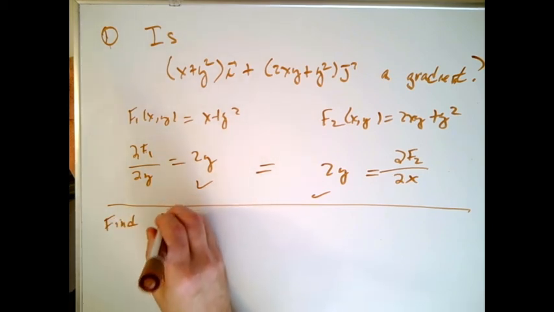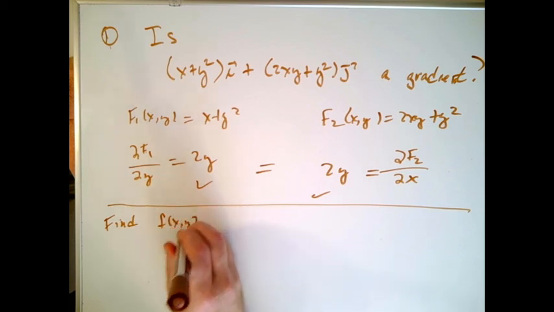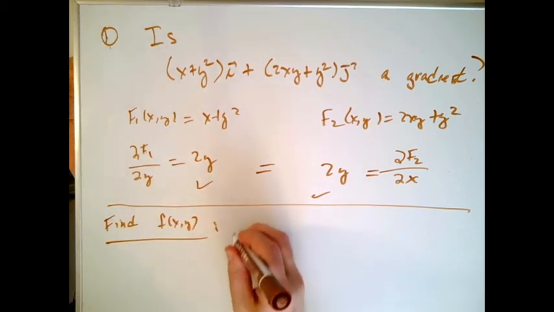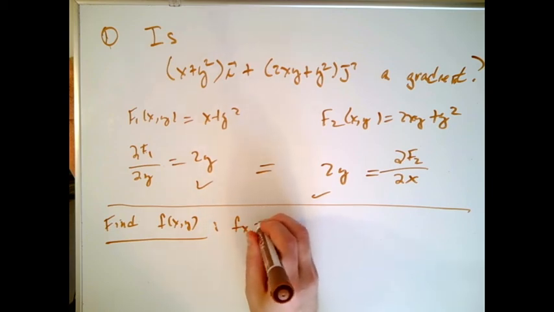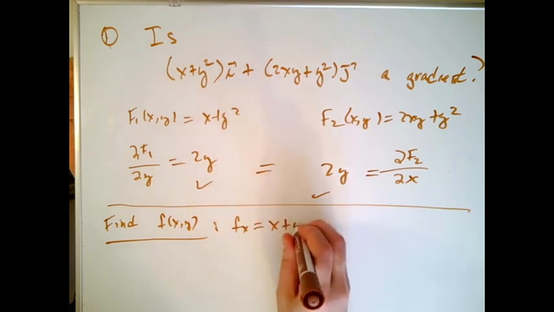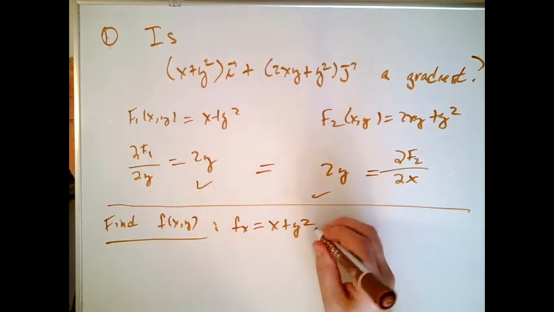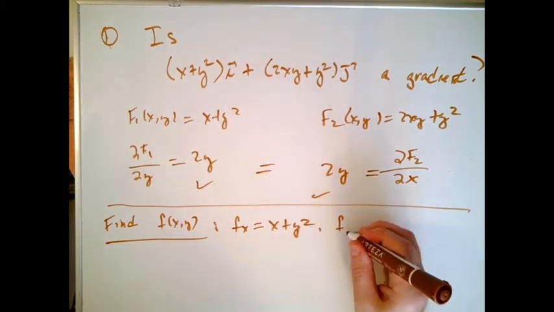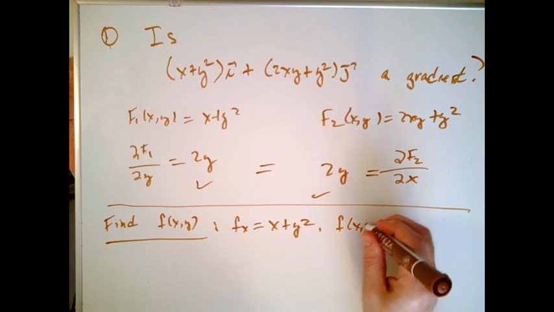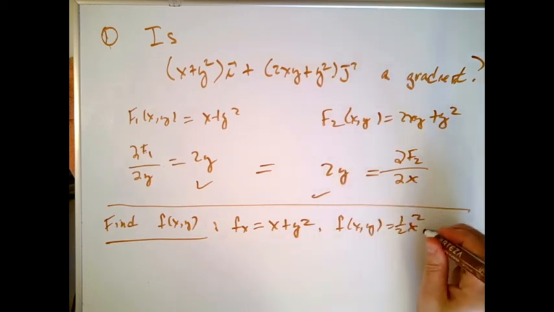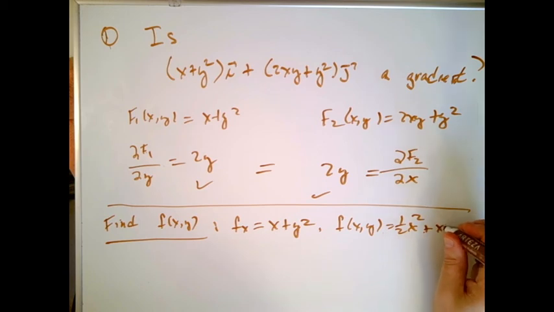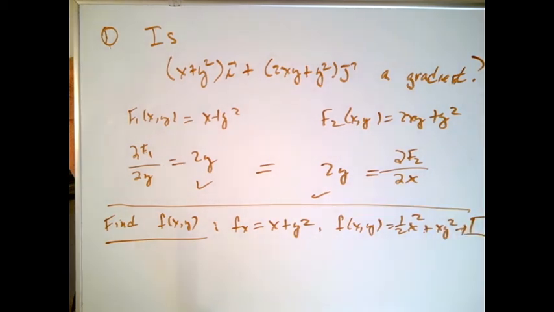Find the original function. Now, how am I going to do this? We know that there's a function that we don't know whose partial derivative with respect to x is x plus y squared. Now, what is that going to tell us? If we take the antiderivative of that with respect to x, we're going to get 1/2 x squared plus xy squared plus some stuff that has y's in it only.